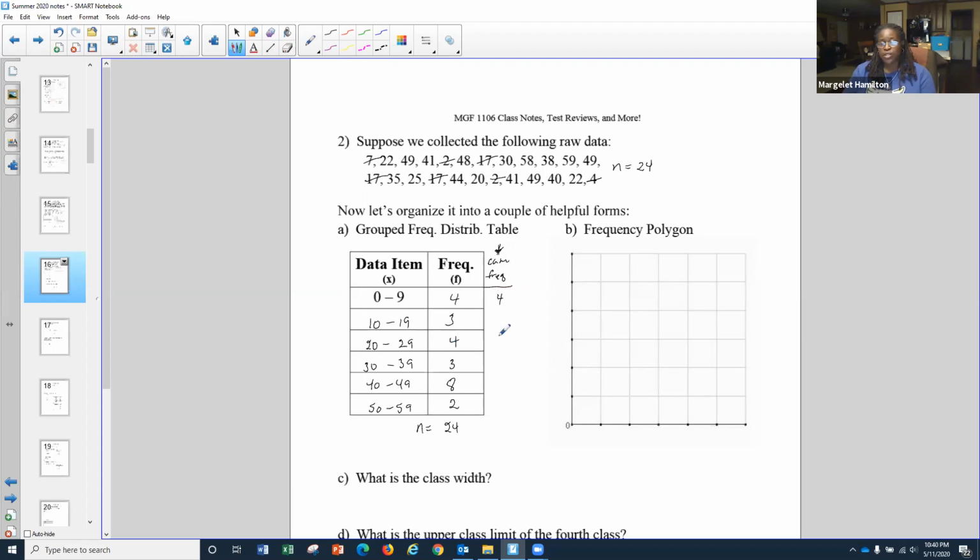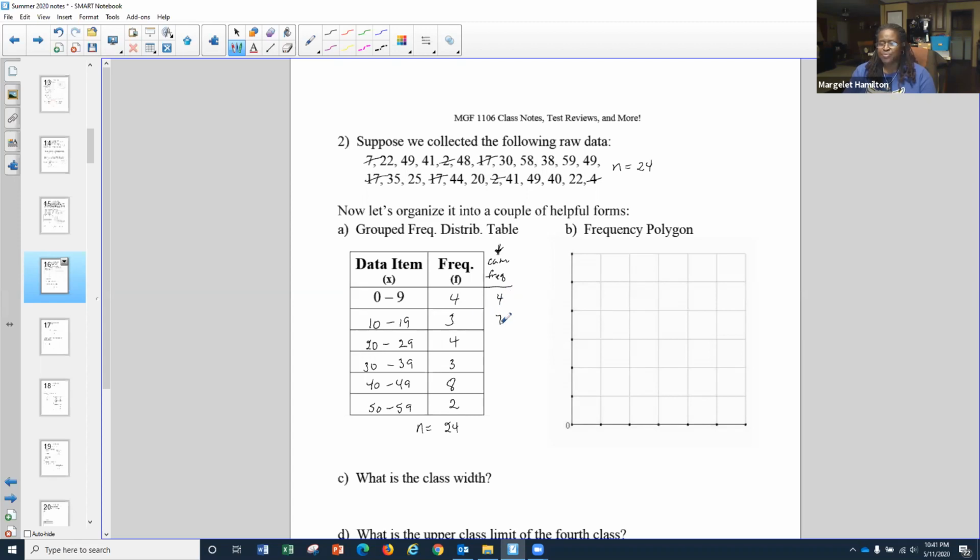There's nothing to add to it. But then when we get to our next row, we're going to take 4 and add 3 to it, and that's going to give us 7. So at this particular point here, we have 7 total items, right? That's what cumulative means, to add together, right? So we have 7 total items here at this particular stage when we add these two things up.